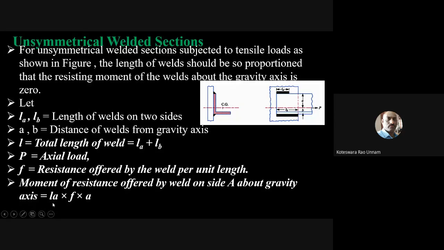So P1 is LA into F, and I am taking moment about this axis, so this load multiplied by A will give the moment. So the moment of resistance offered by the weld on the top side is LA into F into A. Similarly, I can calculate the moment offered by the weld on the bottom side, that is LB into F into B.